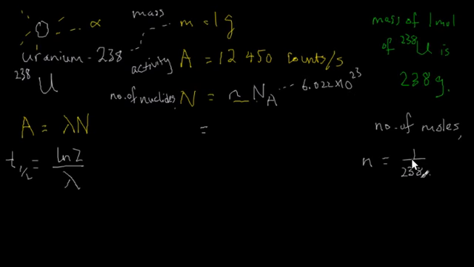Okay, so with these numbers we can find the number of nuclei. 2.530 times 10 to the power of 21. That's the number of nuclei.